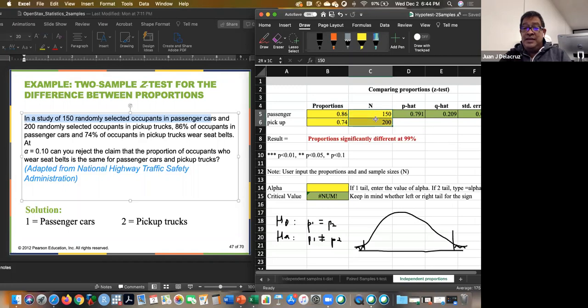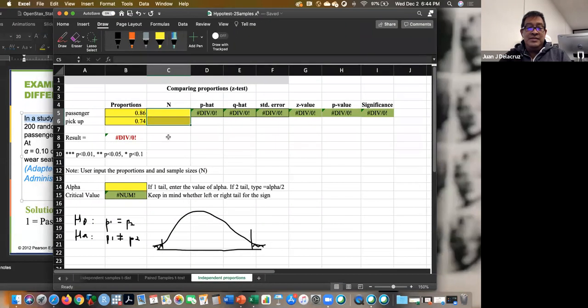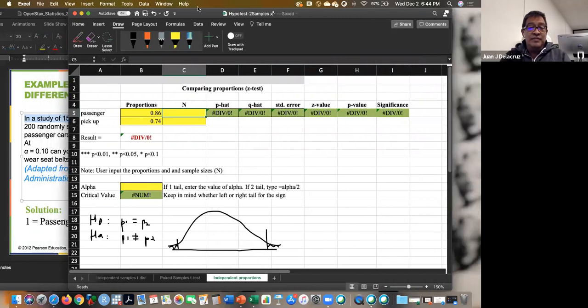So let me erase these numbers. If I put the sample size here, it was how much? 150, and then 200, right? By including these numbers, I already computed P hat and Q hat based on 1. Now I'm going to use the second, which is 200.